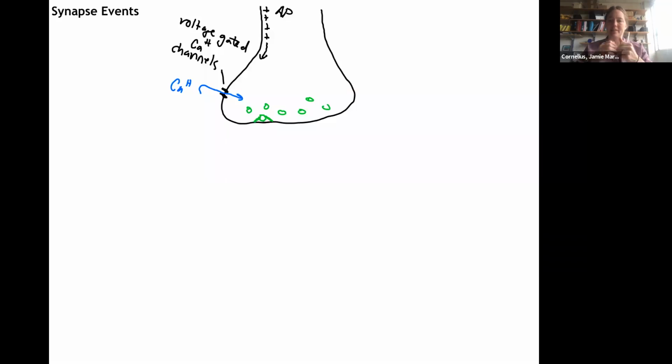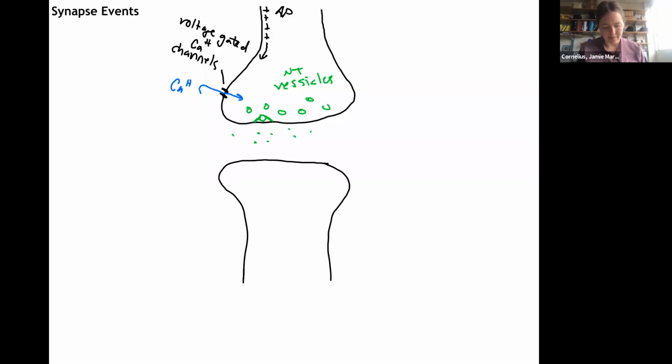And when it does that, basically the membrane of the vesicle becomes a part of the membrane of the presynaptic cell, and it just opens it up and pops its contents out into the synaptic cleft. So that's calcium-induced exocytosis. I'll just write here, these are neurotransmitter vesicles. So then you get this exocytosis of the actual neurotransmitter, and it's going to diffuse across the synaptic cleft.